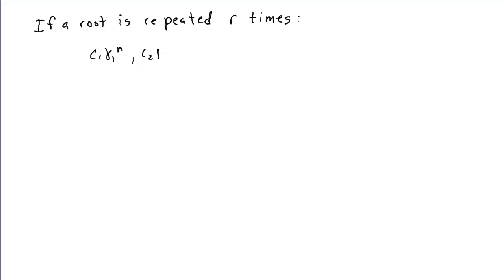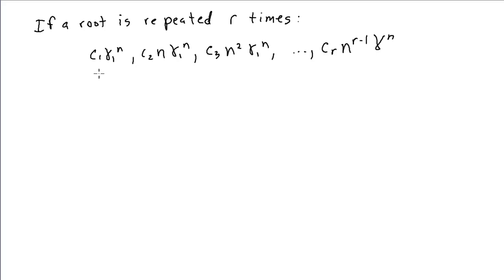Okay. Then we have to consider other cases. For a repeated root, if a root is repeated r times, then the corresponding modes are c1 gamma 1 to the n, c2 n gamma 1 to the n, c3 n squared gamma 1 to the n, and so on and so forth, until we get to the rth root, which would be c r n to the r minus 1 gamma 1 to the n.